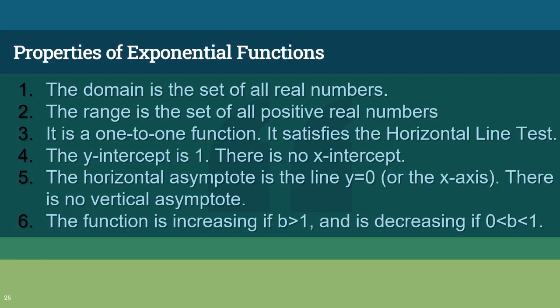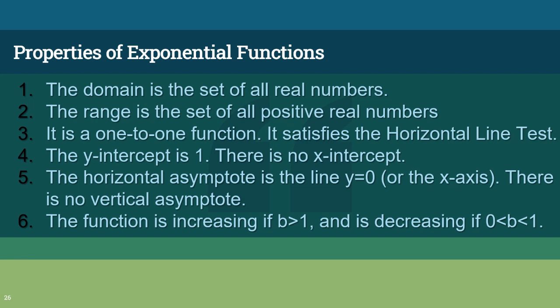There are 6 properties of exponential functions. First, the domain is the set of all real numbers. Number 2, the range is the set of all positive real numbers. Number 3, it is a one-to-one function. It satisfies the horizontal line test. Number 4, the y-intercept is 1.